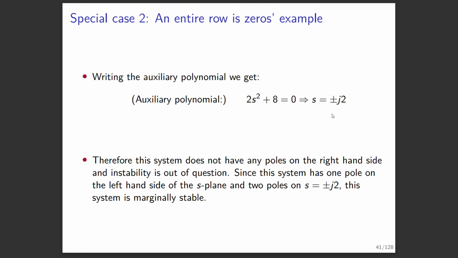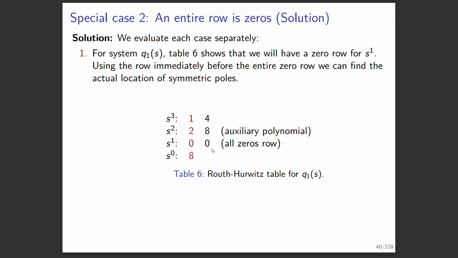I have 2 symmetric poles, on positive and negative j2. So this system does not have poles on the right-hand side. These symmetric poles are not on the right-hand side, and I don't have instability. So let me go back. The information from here and later is all given to me by these 2 poles. It's telling me that these 2 poles are both on the j omega axis. For non-symmetric poles, all of their information is in the rows before this.